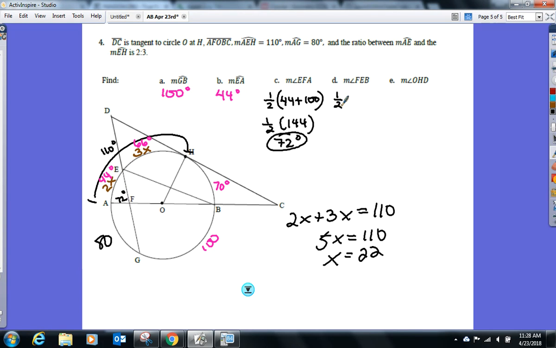Half of the arc. That's it. Take half the arc. Now, some of you may be, oh, FEB, there's F. Okay, but it goes to G. So here's what we're looking at right here. Here's the inscribed angle. What arc does it belong to? GB, which is a measure of 100. So that angle is going to be 50 degrees.